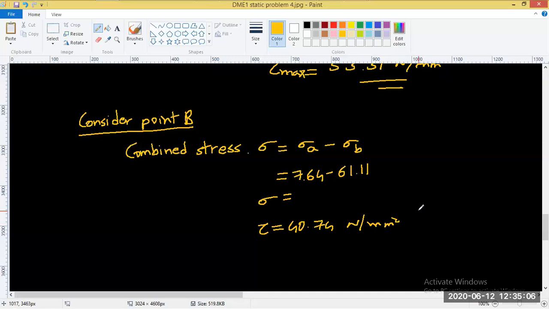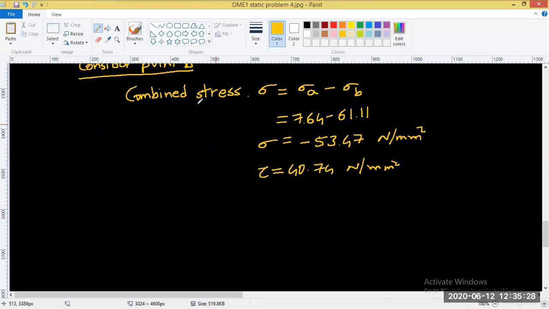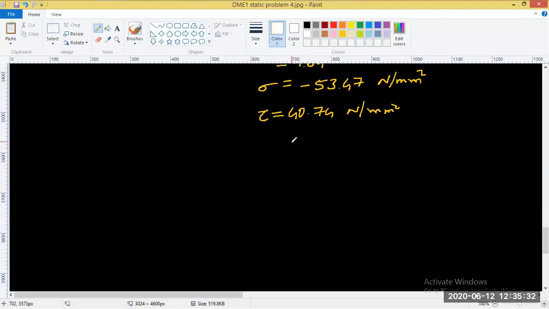So 7.64 minus 61.11, you're getting this as a negative combined stress, minus 53.47. Negative just means that it's inducing a compressive load, and it is right according to the problem, because point B is subjected to compressive loads, right? So now we have the data.